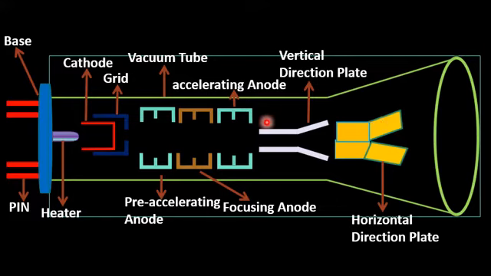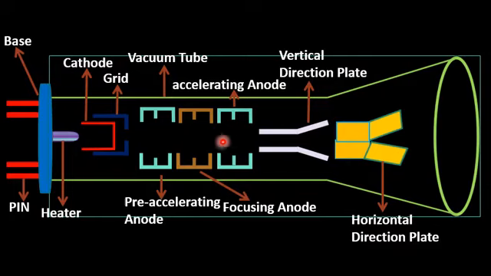Suppose the potential of the upper plate of the directional plates is positive and it is slightly increased. Since the upper plate of the vertical directional plates has a positive charge, whereas the charge on the electron is negative, the potential of the upper plate is higher.